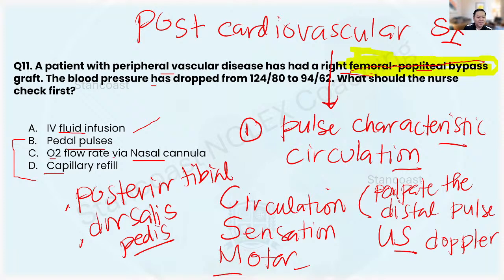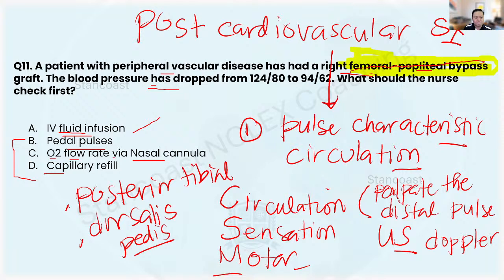And according to the scenario here, we don't have any information about hypoxemia. So there's really no need for us to regulate the oxygen rate. Or let's say the patient's urinary output is low or oliguric, we don't have that information either. So that will be placed maybe second or third after we have checked the baseline pulse.